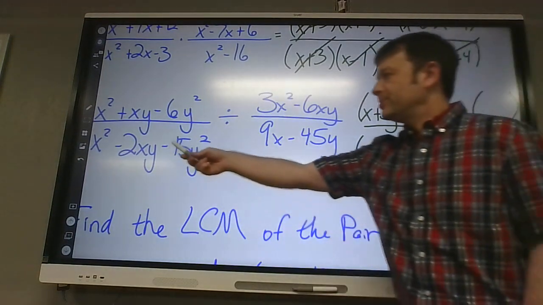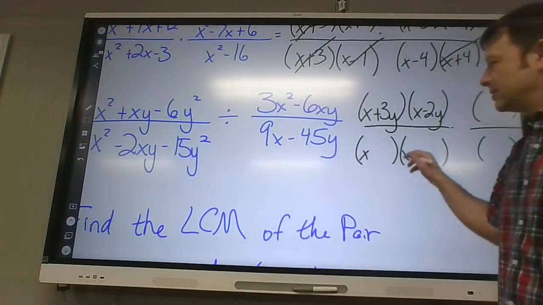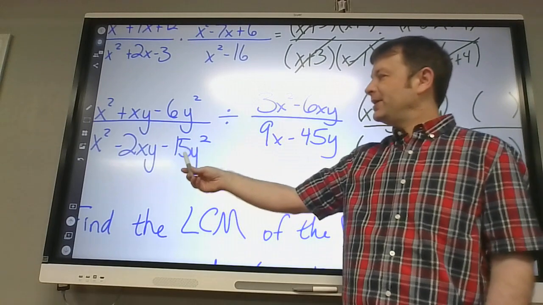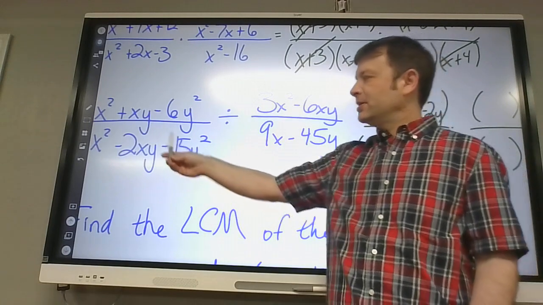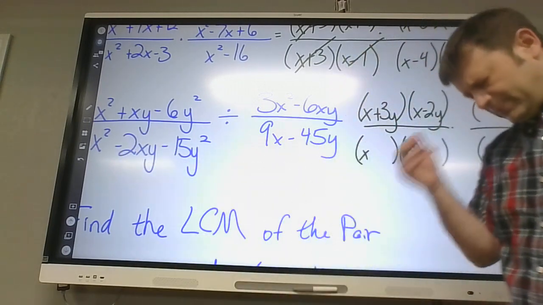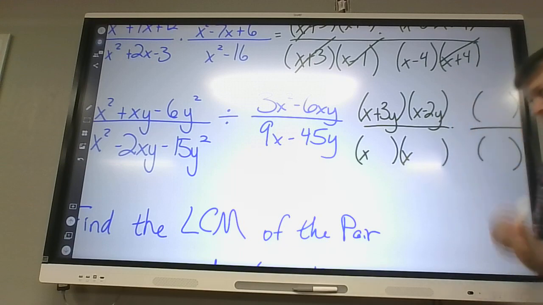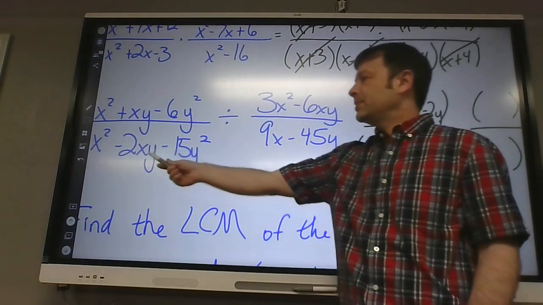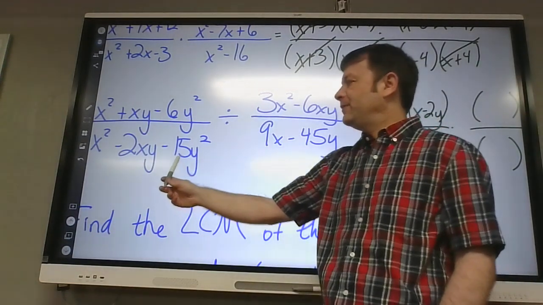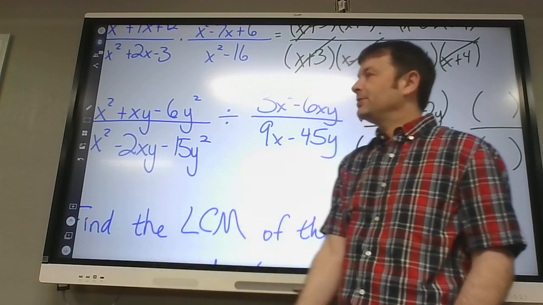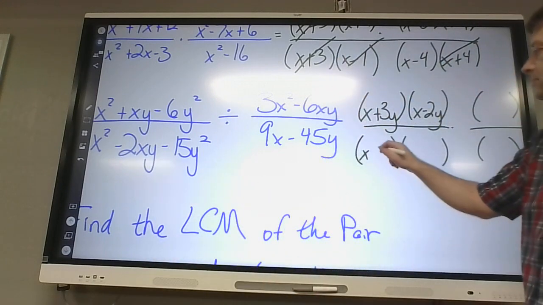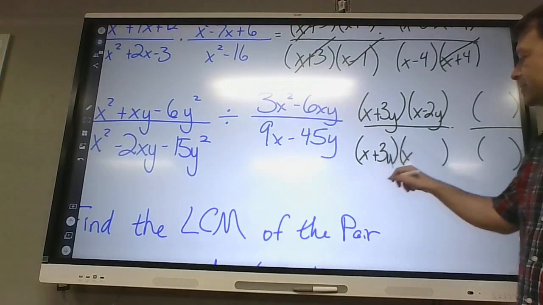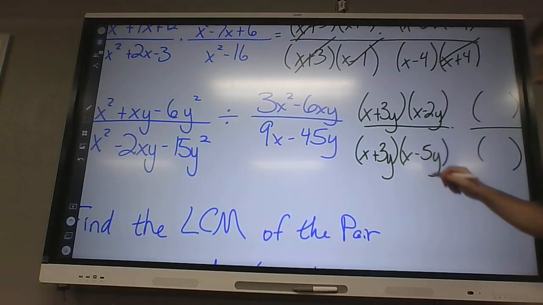Okay, and on the bottom, x and x again. What multiplies into negative 15 that adds up to negative 2? Right, except it's 3y and negative 5y.